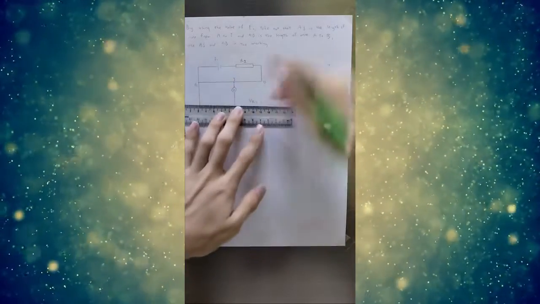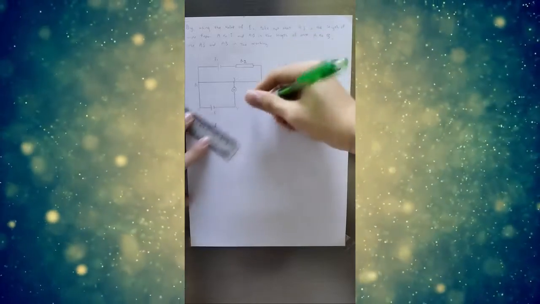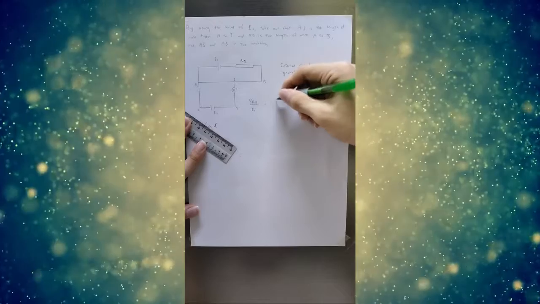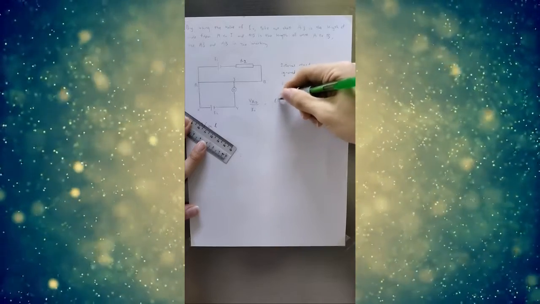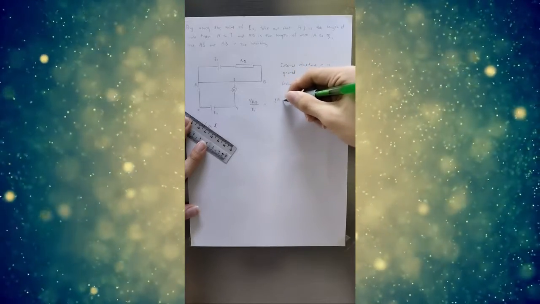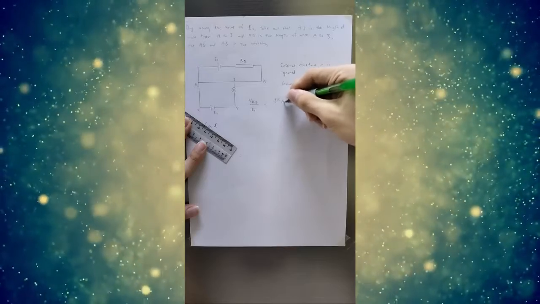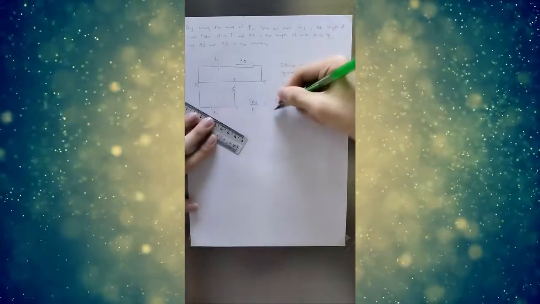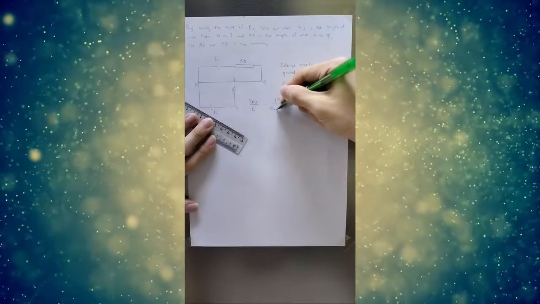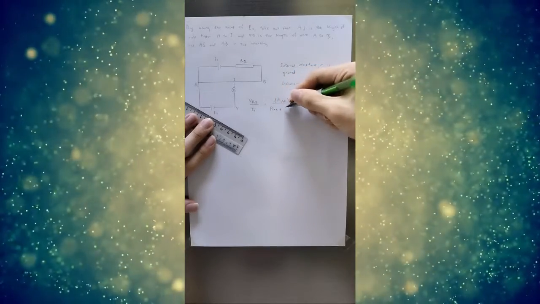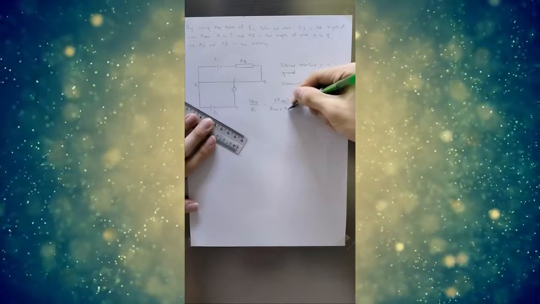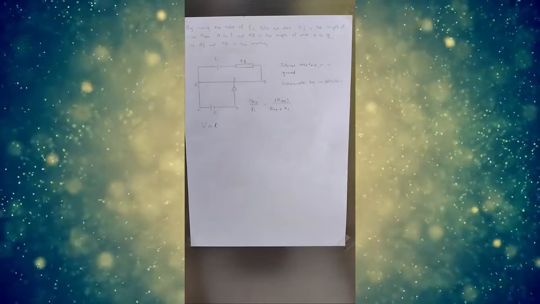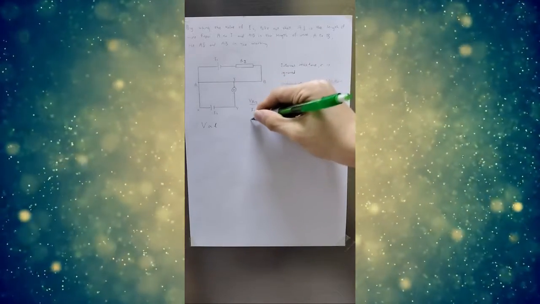E1 is directly proportional to the ratio of the resistance of the wire AB over the total resistance, RAB and R3. Since the internal resistance is ignored, we throw the E1 to the other side.